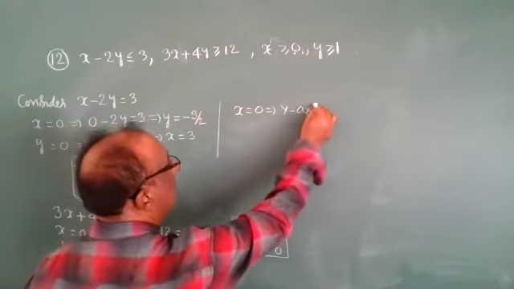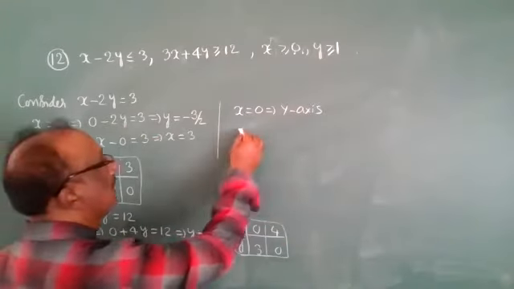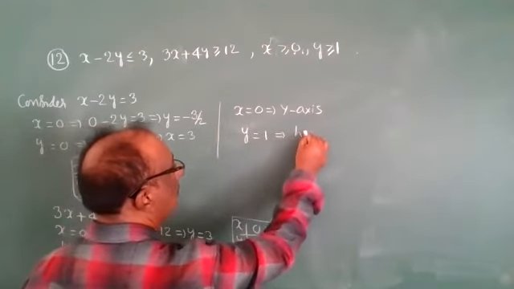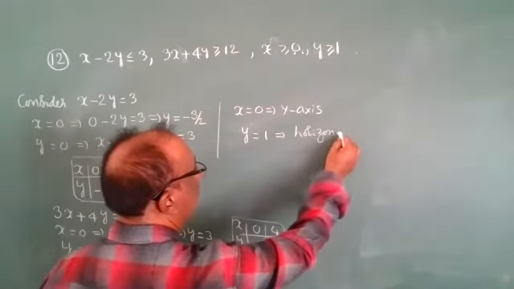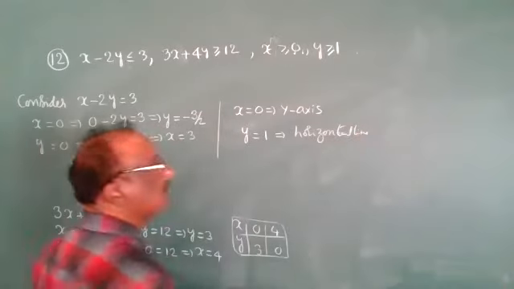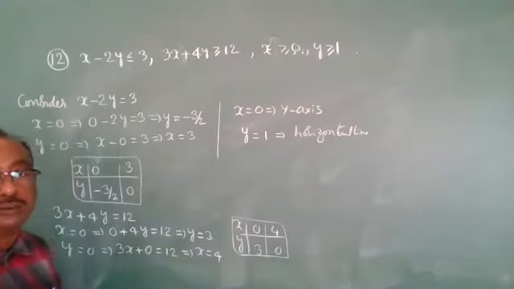In the y axis, all values of x are 0. y is greater than or equal to 1 means y is equal to 1. y is equal to 1 is the horizontal line, at y is equal to 1, right?